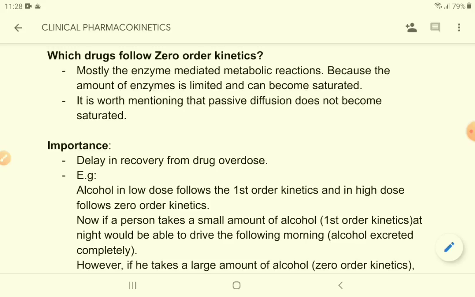So drugs which do not undergo any biotransformation and are excreted only through the renal kidney filtration process will not follow zero order kinetics, because they will always follow first order kinetics, as there is no limitation like enzyme saturation.